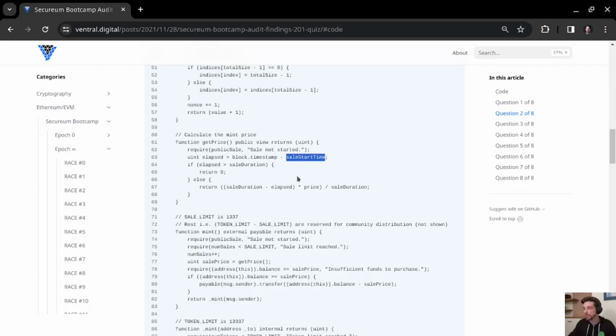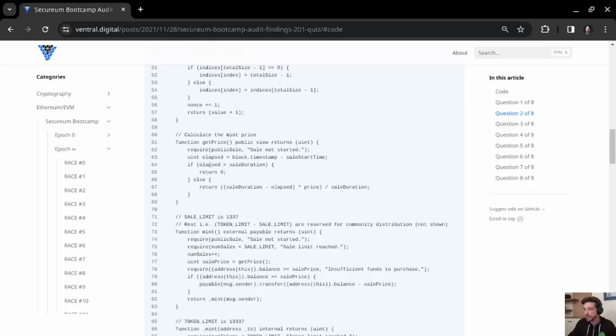So this will always be smaller than the current block timestamp, and therefore this calculates the seconds that have elapsed since this timestamp. Well, the one time where it would actually not be larger is obviously if the sale has just started in the same block and someone's already trying to mint an NFT within the same block, then both of these timestamps would be the same and therefore elapsed would be 0, but that's also okay, I would say.